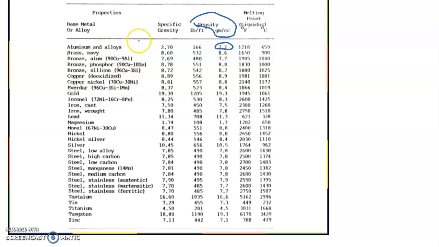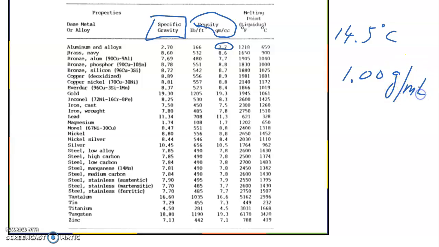Over here, you see something called specific gravity. What is it? It assumes that the density of water at about 14.5 degrees Celsius, or around room temperature, and at 1 atmosphere, is exactly 1.00 gram per ml.